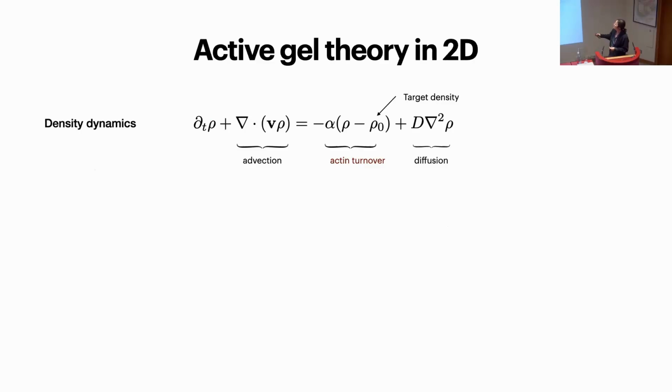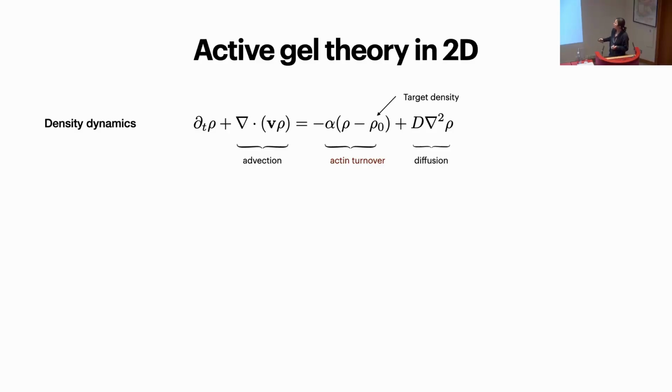So I will just be going through the equations of the active gel theory one by one, and then we'll try to understand what this is about. If we look at the density dynamics, here rho is the density of actin. So the density changes by advection, and then the actin turnover, which is the polymerization and then depolymerization.